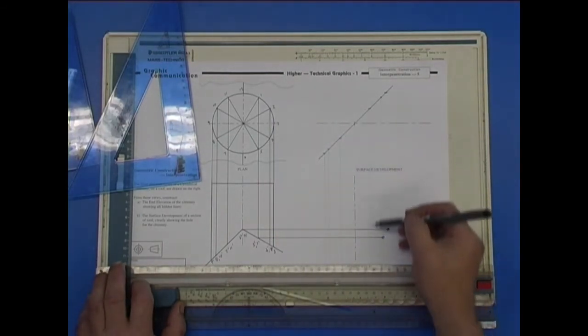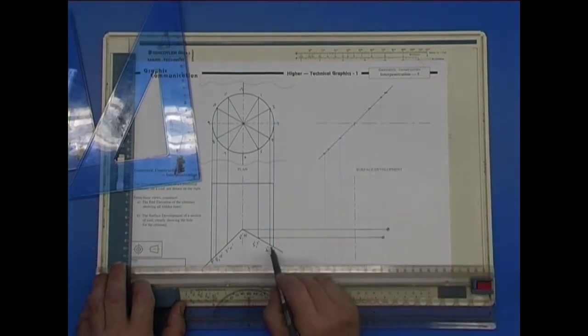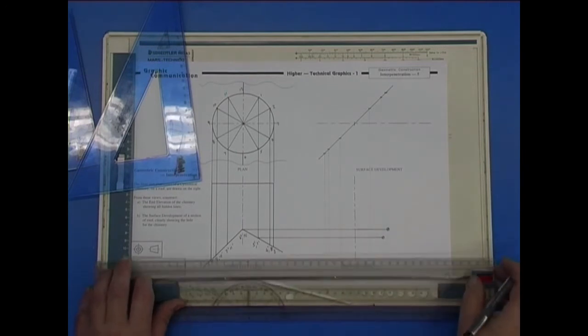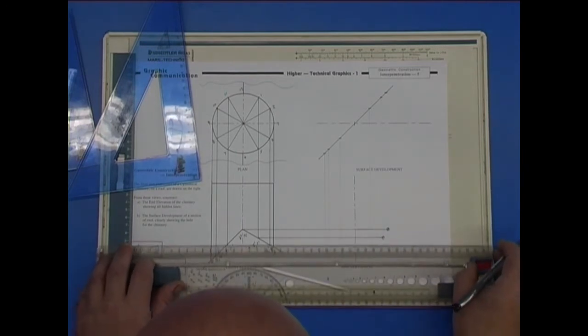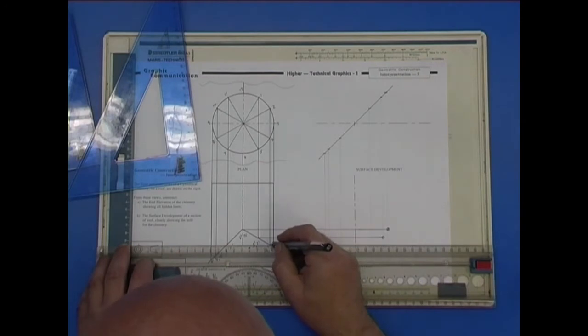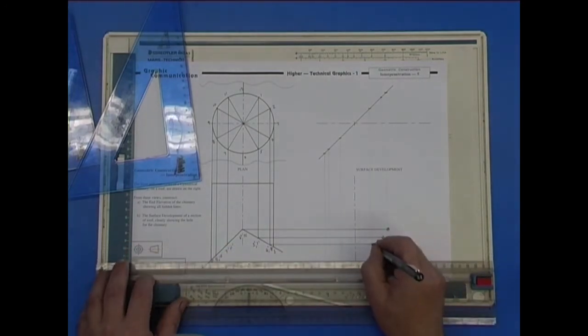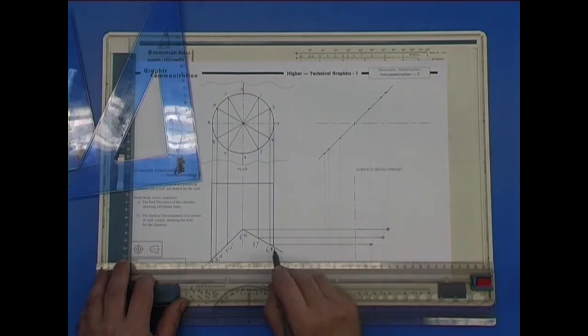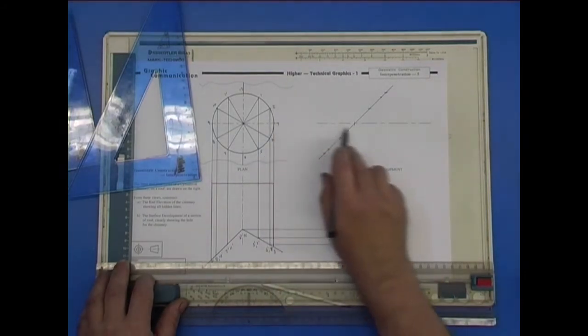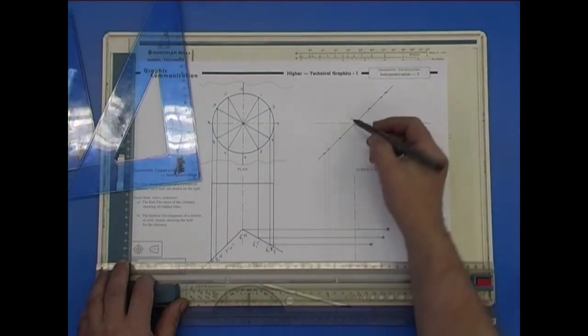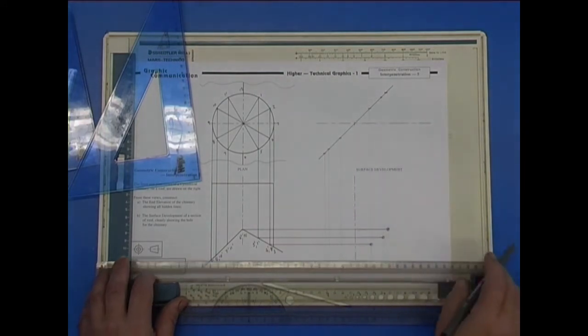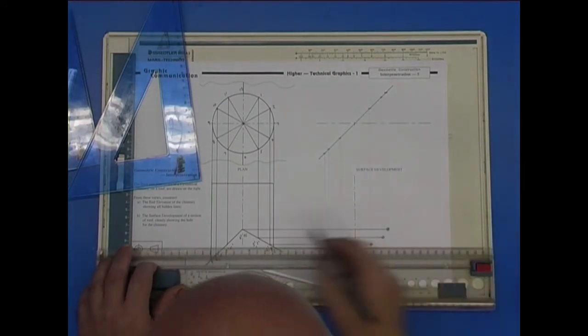2 is down there somewhere, line 2 along there. Line 3 on the centre line, and along.